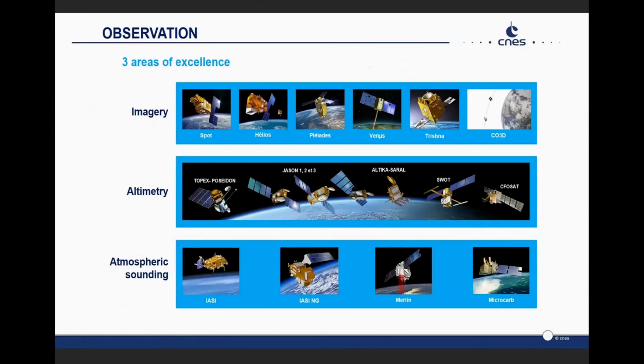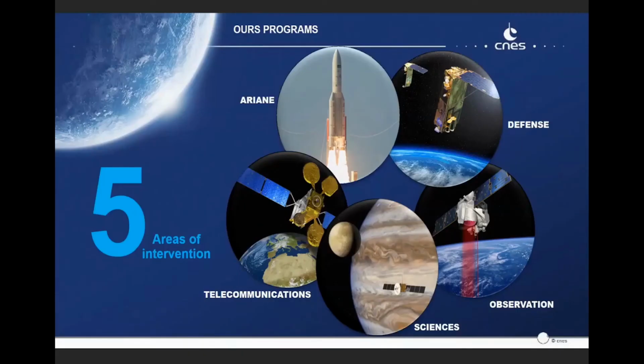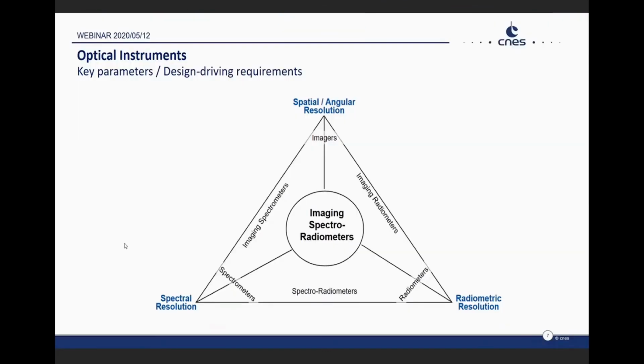Yes. So this imaging spectroradiometers, and then these three properties, which were spectral resolution, spatial resolution, and radiometric resolution. So what was the purpose of this figure? Like to define the kind of trade-off between these three parameters? Yes, exactly. To propose a classification of instruments.